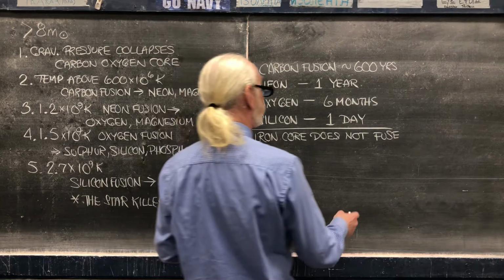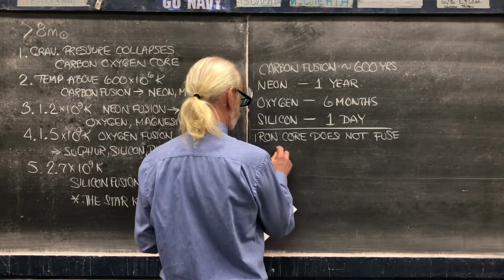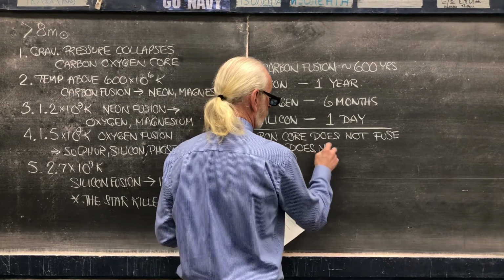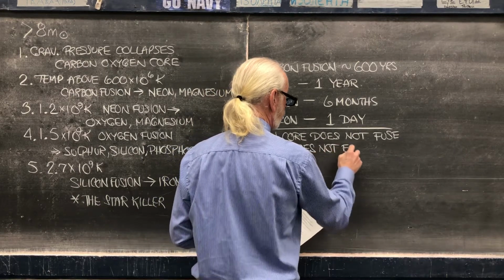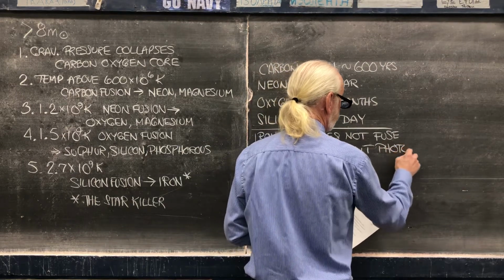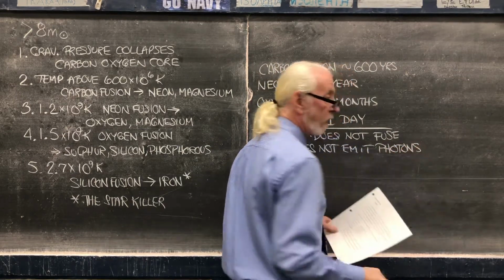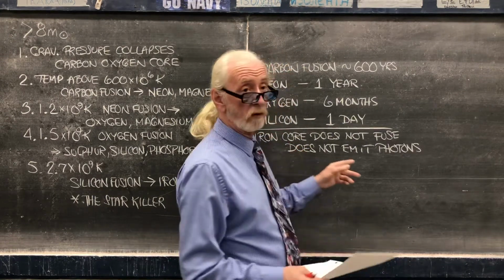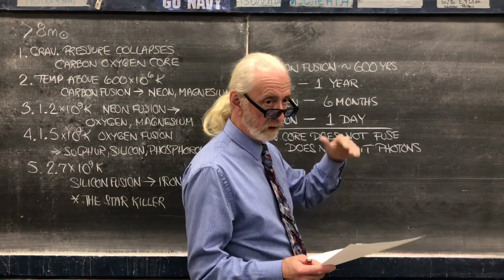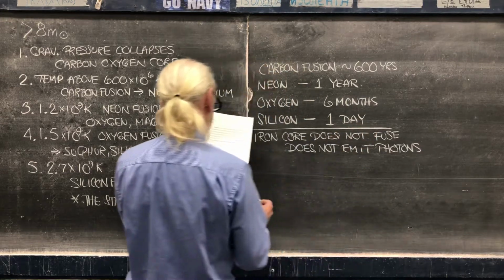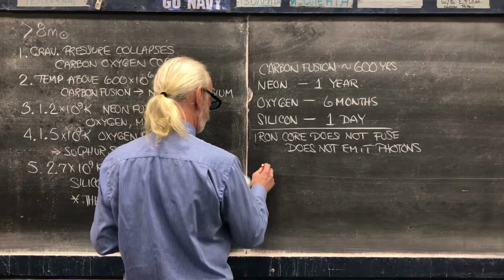Does not fuse, does not emit photons. Recall, photons are the byproduct of fusion. So if there's no fusion, there's no photons. If there's no photons, there's no outward pressure. The core is supported by electron degeneracy alone.